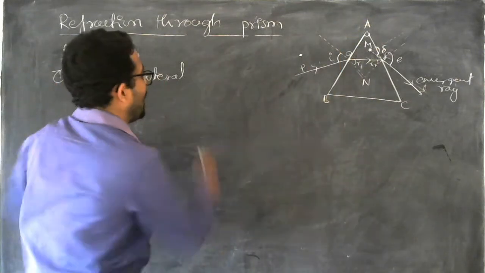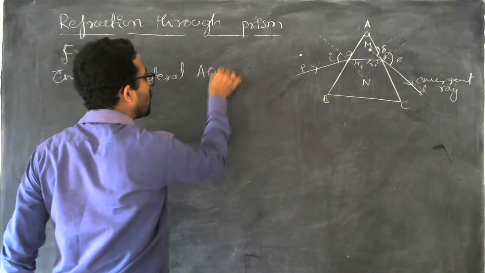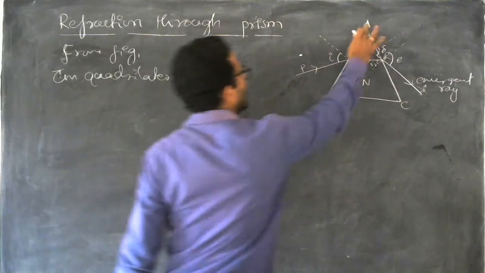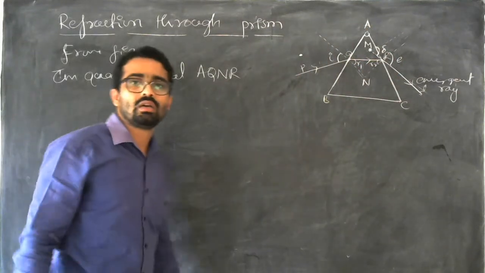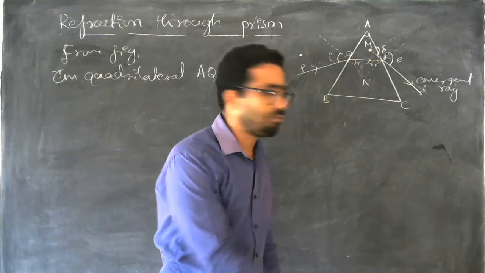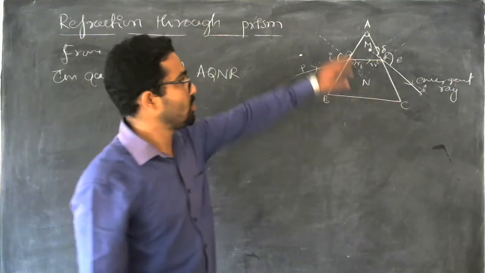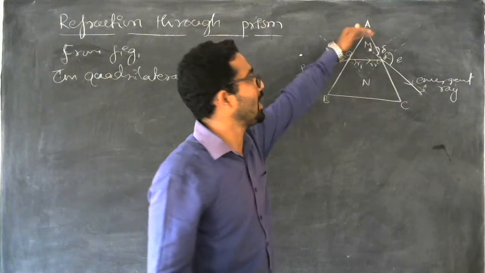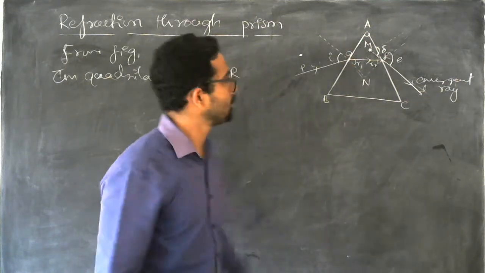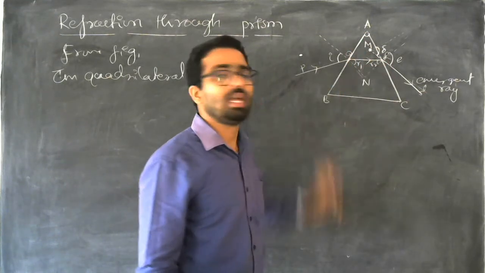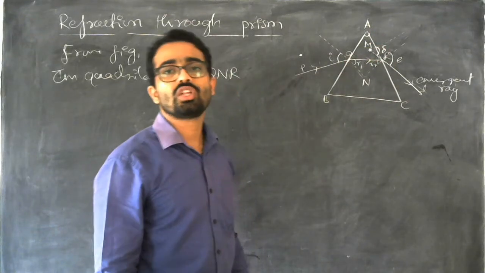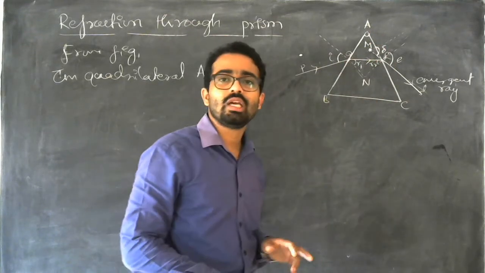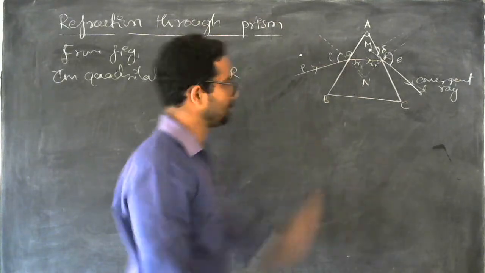In quadrilateral AQNR, we know from the property of a quadrilateral that the sum of opposite angles is 180 degrees. The total angle of a quadrilateral should be 360 degrees.